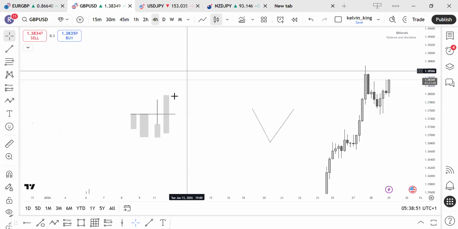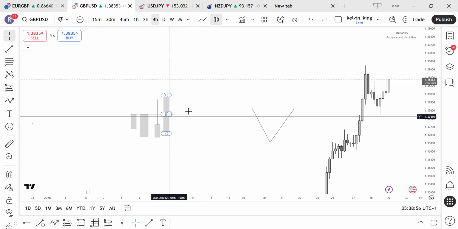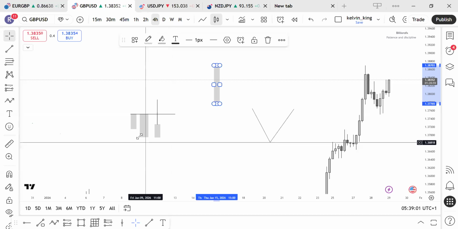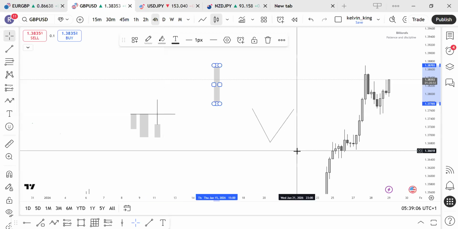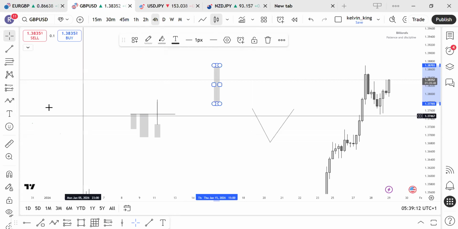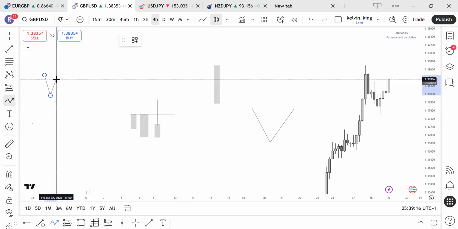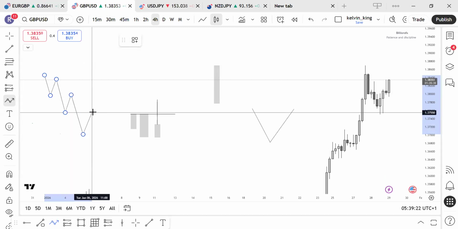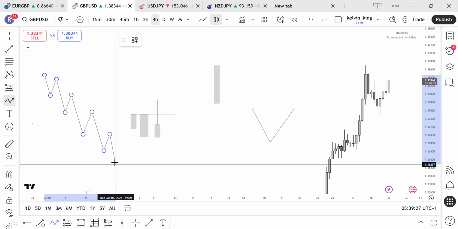Now, these 1, 2, 3 candles are very, very important. This one is not really important. But you see 1, 2, 3. It must be the third candle. Remember, on a chart, there are multiple BOS until price reaches your intended target or destination.